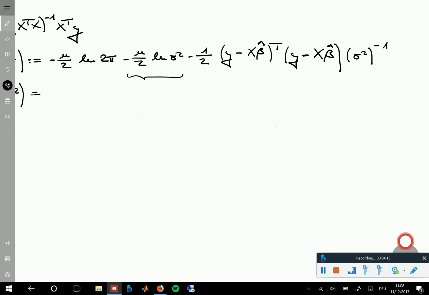Does anyone remember the derivative of log x? It's just something that you either know or you don't know. Somebody feel like they know the derivative of log x? Yeah, exactly. So here we then obtain minus one half times 1 over sigma square.